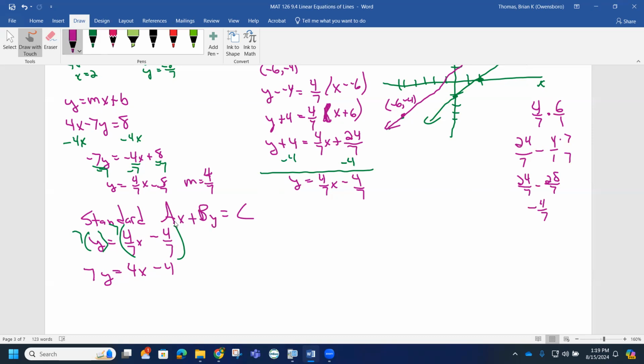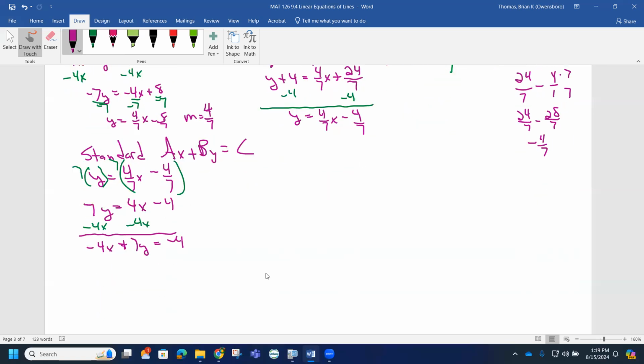Notice that the x's and y's have to be on the same side. So I could subtract 4x on both sides. And that gives me negative 4x plus 7y equals negative 4. Typically in standard form, they do not like the coefficient of x to be negative.